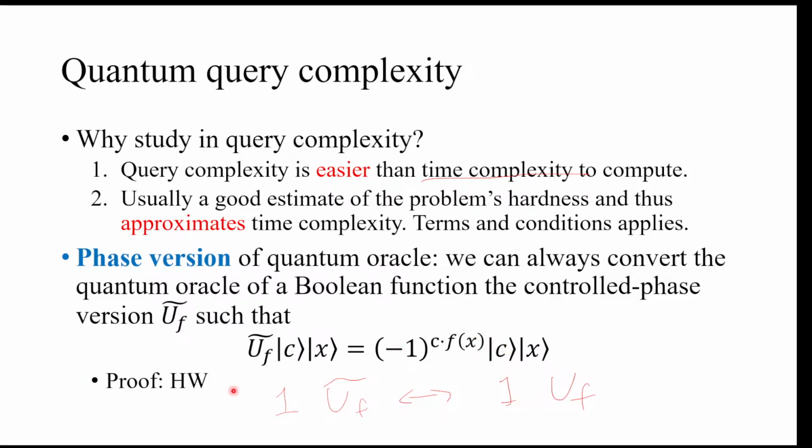This is a bit different from the phase kickback we did because we also have a control here. When you think about the problem a bit harder, you see that this control is necessary for your phase version to convert back to your original version.